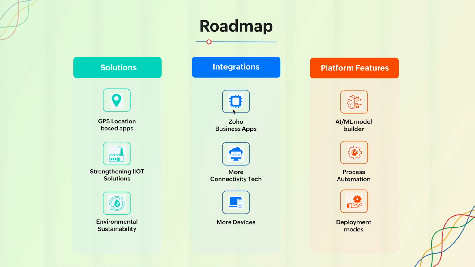These are some of the roadmap items. We focus more on manufacturing, industrial IoT solutions, and environmental sustainability solutions. We also want to integrate with Zoho's other business applications like Zoho Invoice and others. They are in progress, and we are also enhancing our AI/ML model builder.